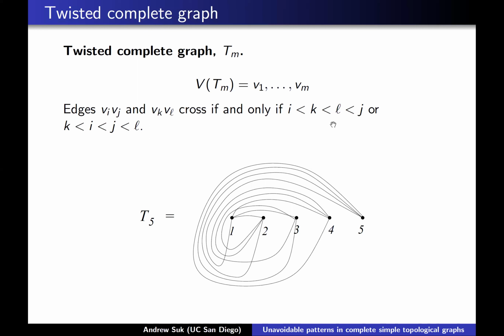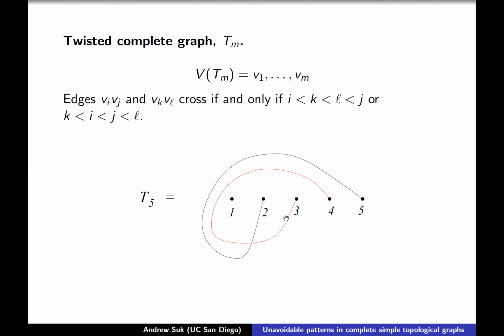So in other words, when i is less than k is less than l is less than j, or when k is less than i is less than j is less than l. It's a little hard to see because you have these curves twisting around. But if you focus on the edge 3, 4 and the edge 2, 5, these edges are crossing, and the intervals 2, 5 and 3, 4 are indeed nested.